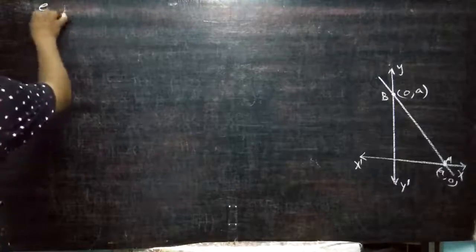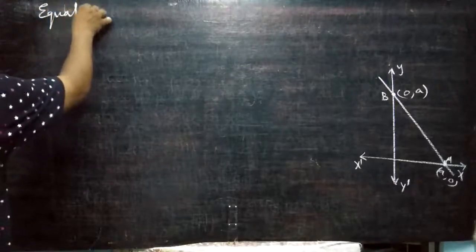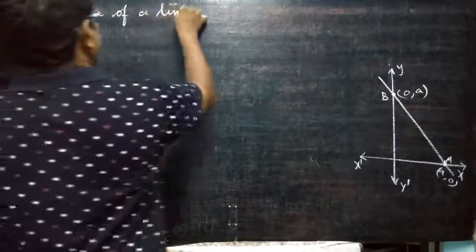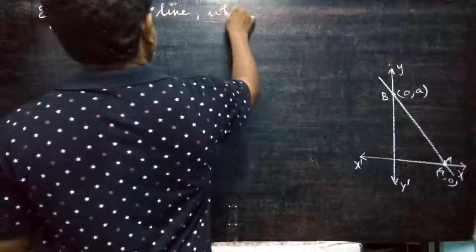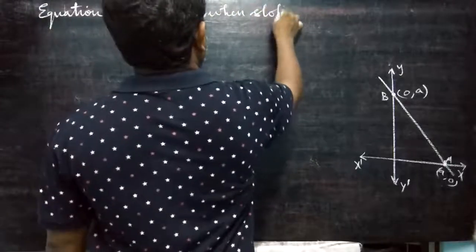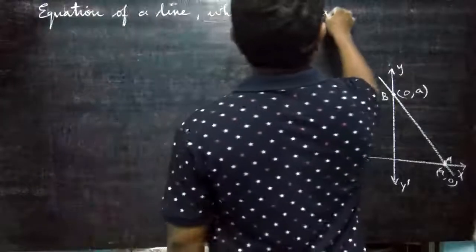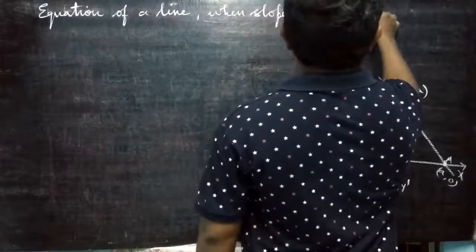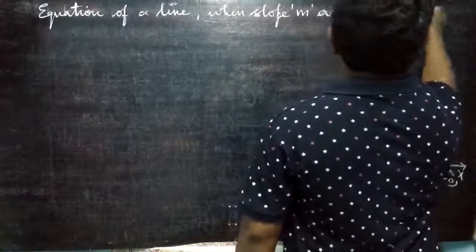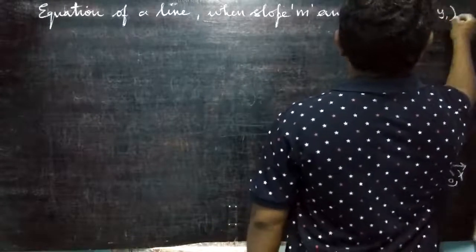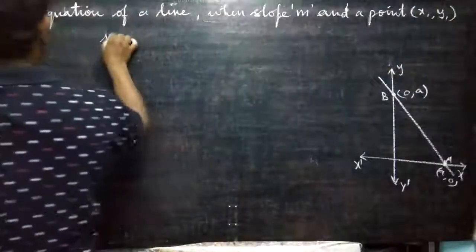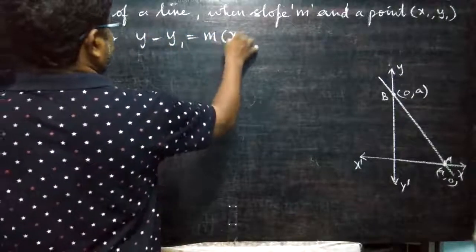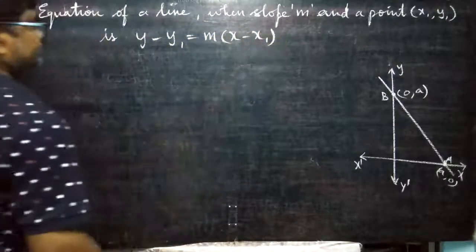Now, equation of a line AB. When slope m and a point x1 comma y1 are given, it is y minus y1 is equal to m into x minus x1.